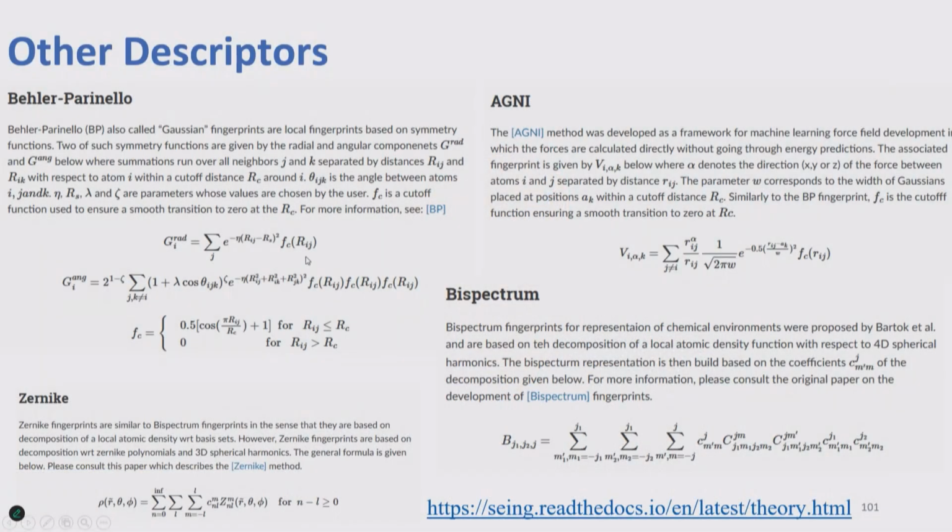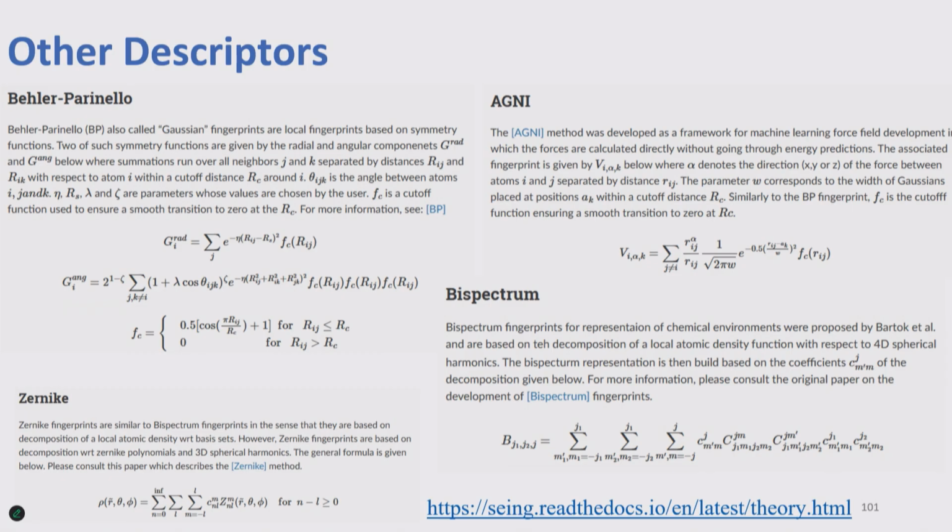There are many other types of descriptors which we will not have time to go through. One of the most popular for force fields is Behler-Parrinello. Here we have a Gaussian function, the G function, I forget the exact name. For each atom, you take the distance Rij to all atoms within the cutoff, minus the origin, let's call it 0 for now, and you square that.